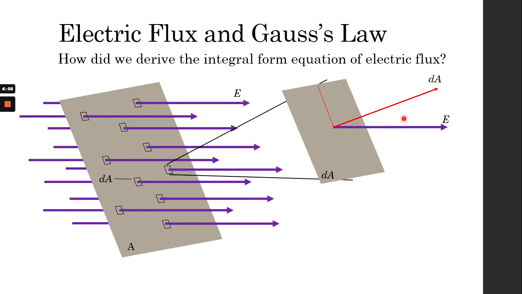And then in order for you to find the electric flux, what you have to do is find the angle between these two, this differential vector area and the magnitude of the electric field. Then you can actually get the differential flux. When we say differential flux, it means it's the flux that is passing onto this small piece of area.